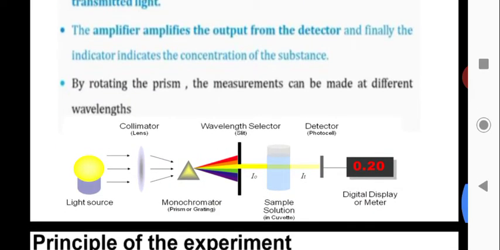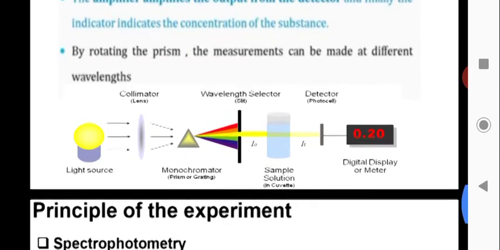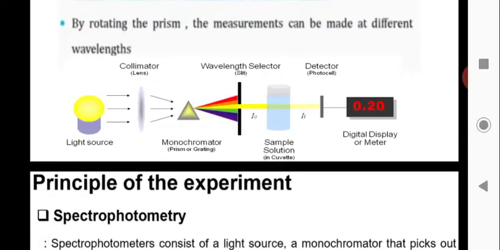So you can see that by rotating this prism, you can pass either the yellow light or the red light, like the VIBGYOR: violet, indigo, blue, green, yellow, orange, red. Like that you can pass different light wavelengths by rotating this prism.